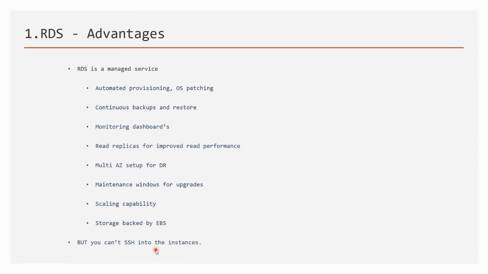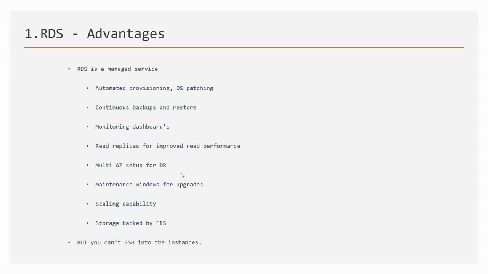If you are creating an EC2 instance and managing your MySQL instances yourself, then you need to SSH into the EC2 instance to manage it. But here the instance itself is managed by Amazon, so we don't need to do any particular functionality or configuration there. That is the reason they don't give SSH login to these instances. So this is just a basic theory of RDS.